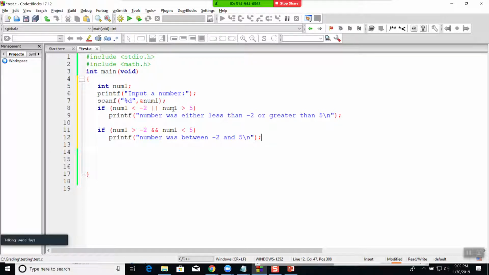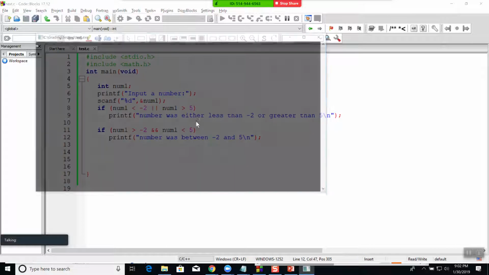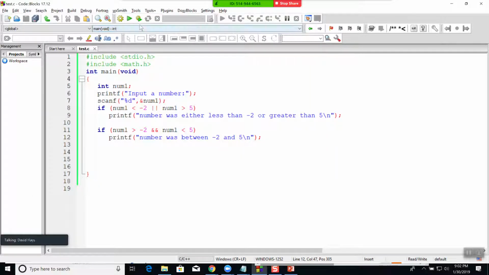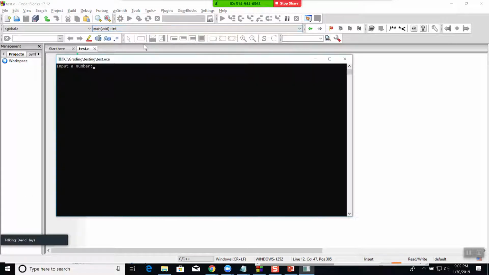Okay, now let's run this, and I'll try 0. Number was between -2 and 5. Let's try -10. Number is either less than -2 or greater than 5.